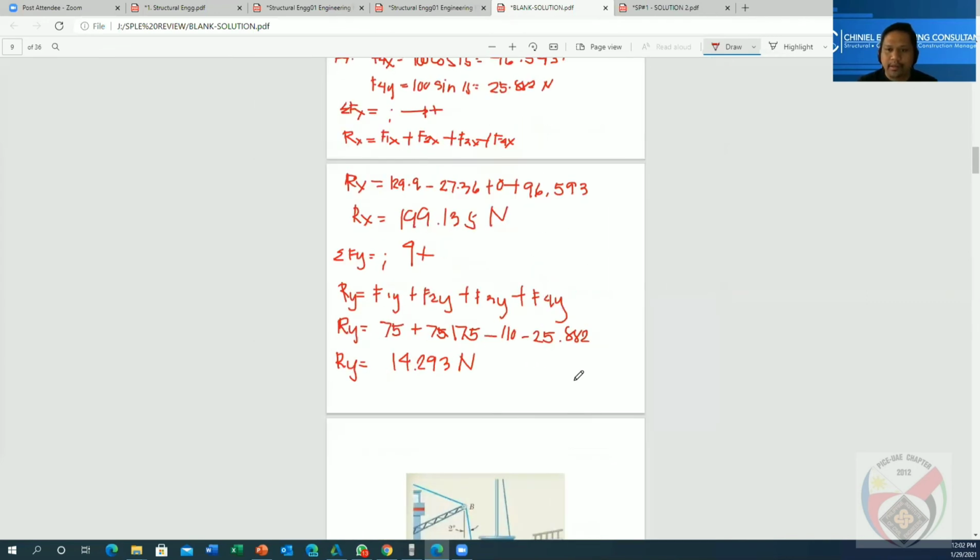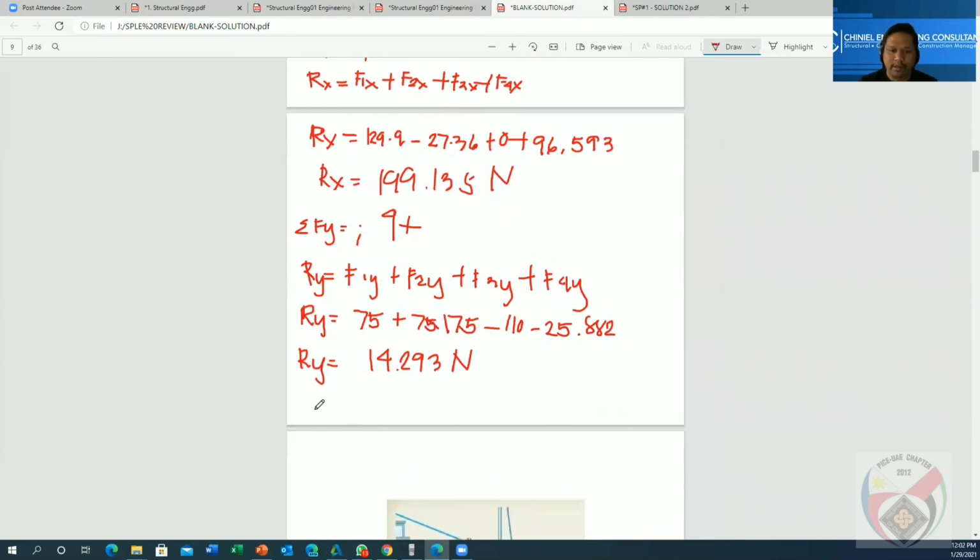Okay. So solving for R, it's equal to the square root of Rx, which is 199.135 squared, plus 14.293 squared.